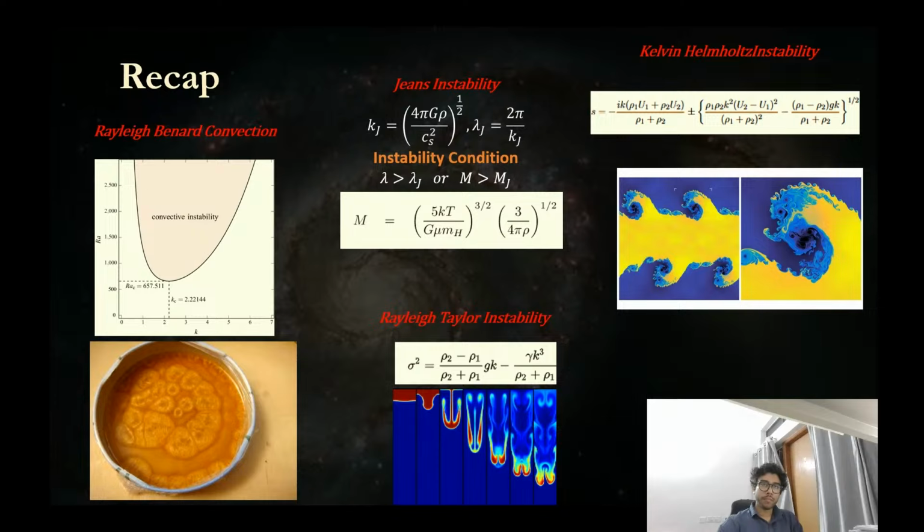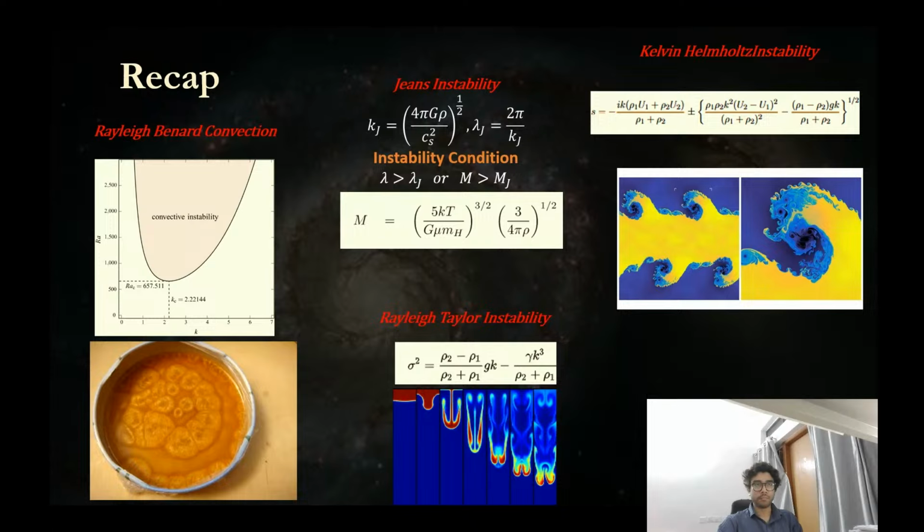After that, we went on to study Jeans instability, where this instability occurs basically due to gravity.